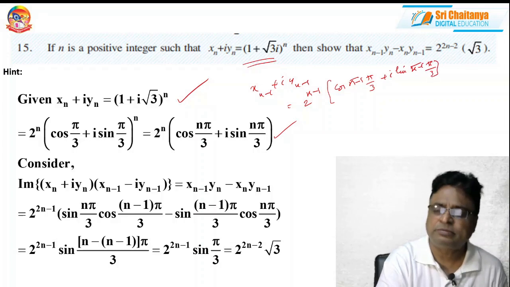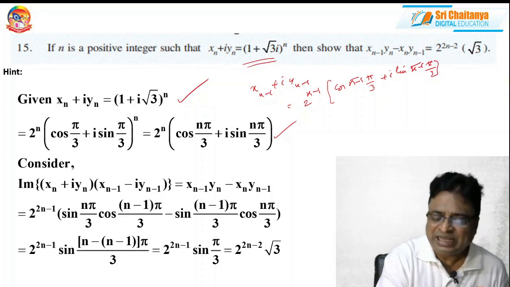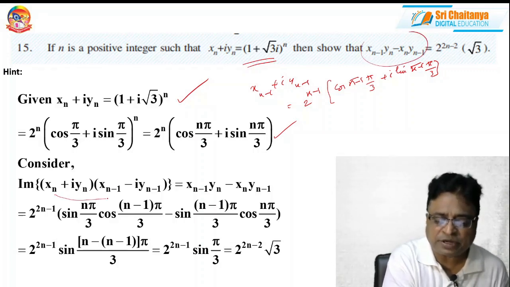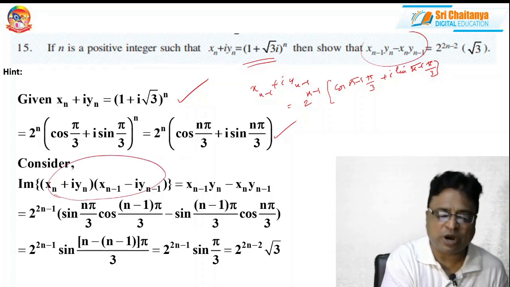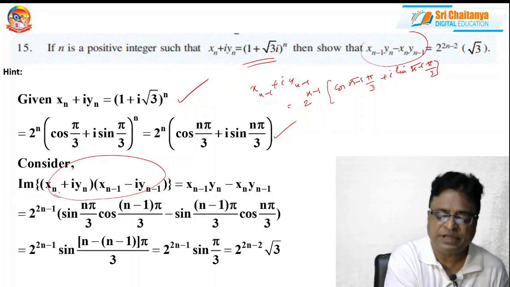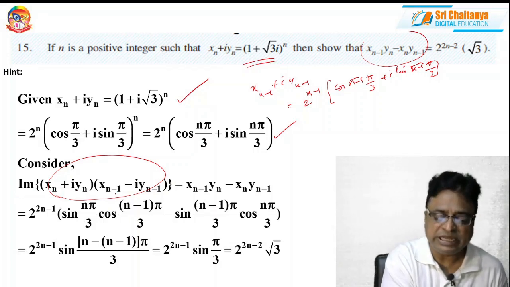No problem. Now, according to the given question, this part is nothing but the imaginary part of this product. So now I have multiplied these two and I am collecting the imaginary part. That's why consider the imaginary part, Im, of xn plus i yn into xn minus 1 minus i yn minus 1.